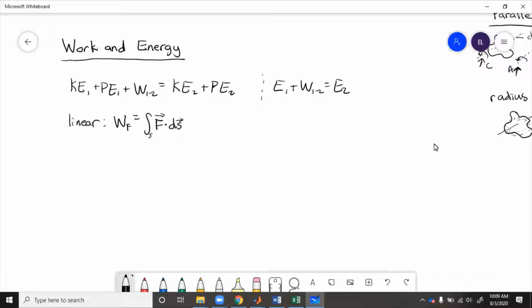Now, for the work of a moment, if there's torque, then the work by the moment equals the integral of torque dotted with d theta, from theta 1 to theta 2. This one is S1 to S2.